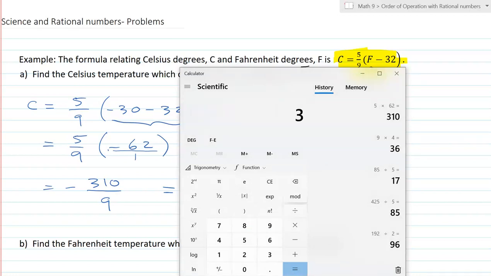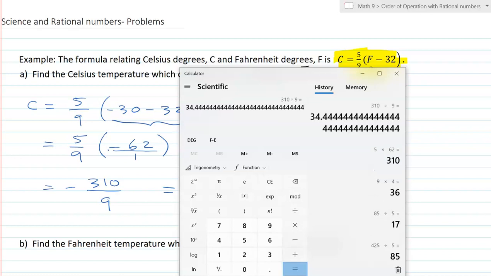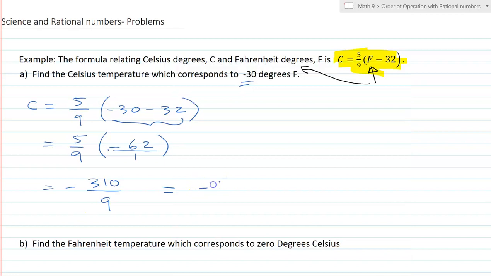So 310 divided by 9, it is a negative value, so it is negative 34.44 degrees Celsius. That's the corresponding temperature to minus 30 degrees Fahrenheit. All right, it's pretty cold. That's what you've got to do.